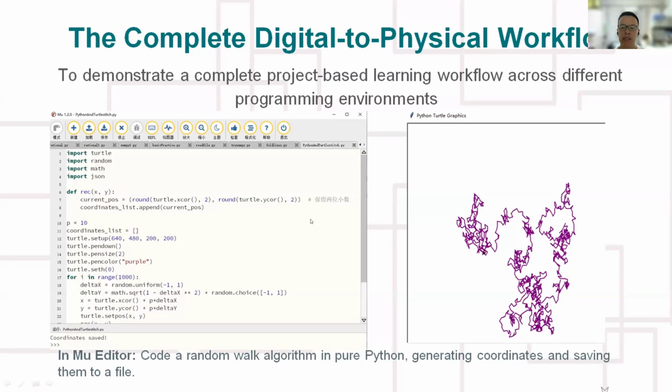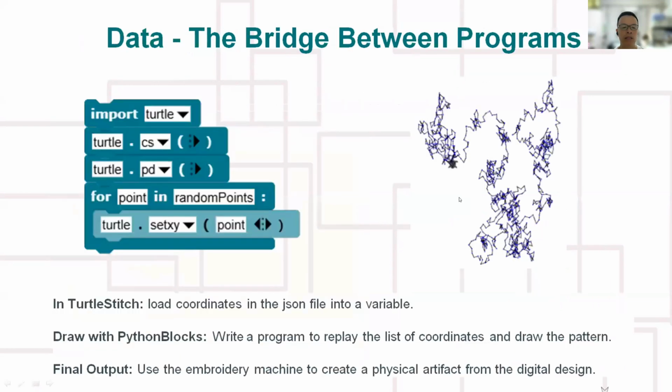And then I imported the data into TurtleStitch, and we use Python blocks to redraw the image. When I asked the AI, DeepSeek, DeepSeek always thinks this is a single way ticket. We learn block language first, and then the textual language.